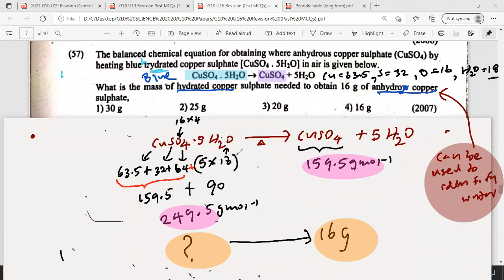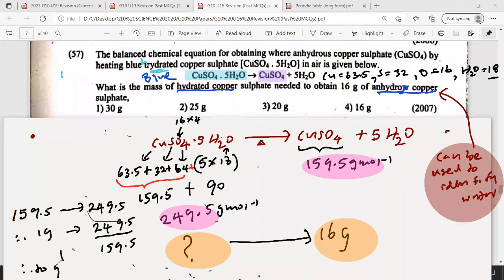Right. Okay, let's see. Look at the screen, everyone. This is the logic behind this. To get 159.5, I should heat 249.5. Therefore to get 1 gram, I should heat 249.5 divided by 159.5.